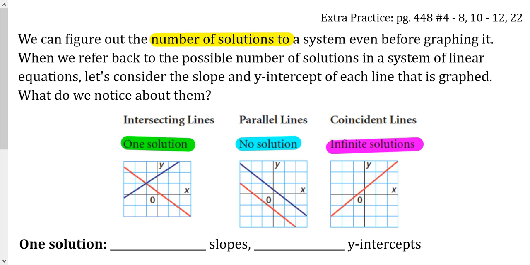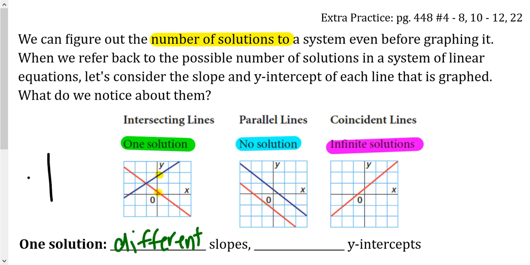So to look at this one solution case, we have 2 lines. These 2 lines have to have different slopes. For 2 lines to intersect, they can't have the same rate of change or they'd be parallel. And in this case, it doesn't actually matter in terms of the y-intercepts. If we notice in this case, they have different y-intercepts.